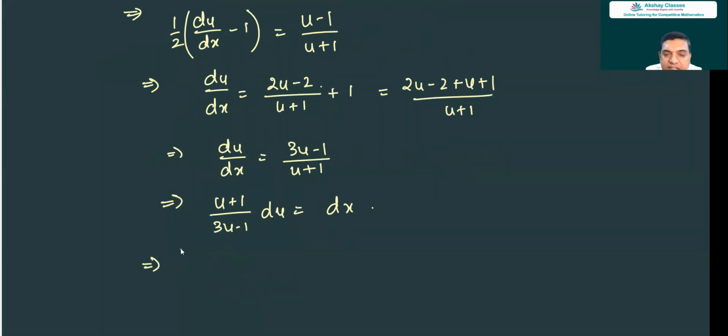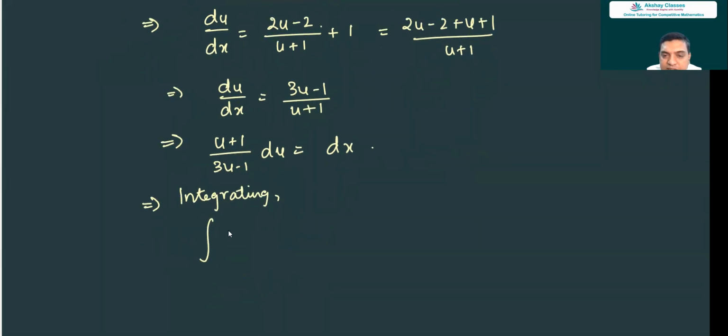So integrating. Now I'll write the step like this. 3u minus 1, 3u minus 1 plus, no, plus 4.